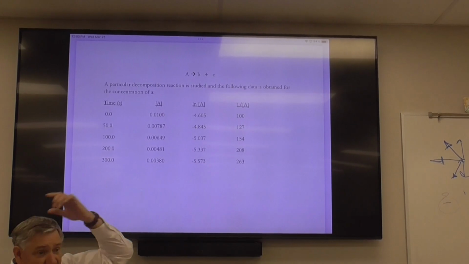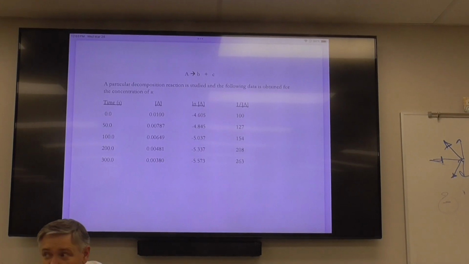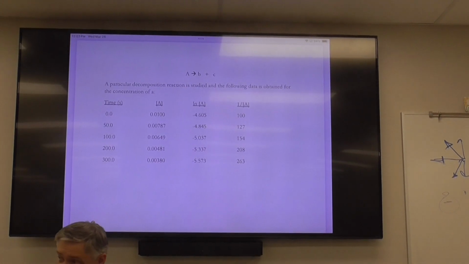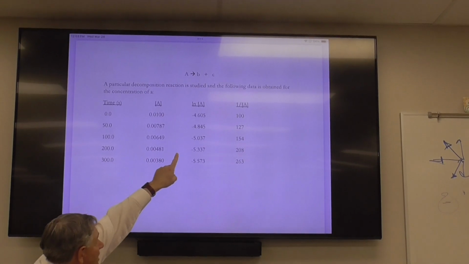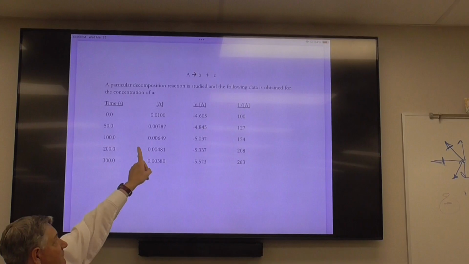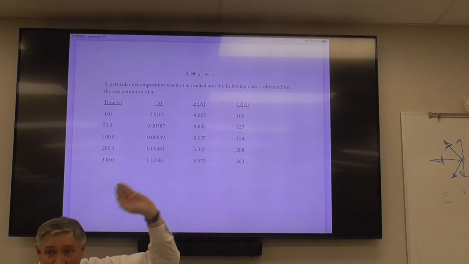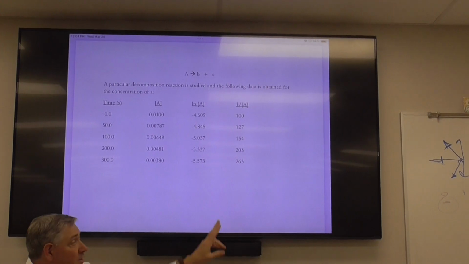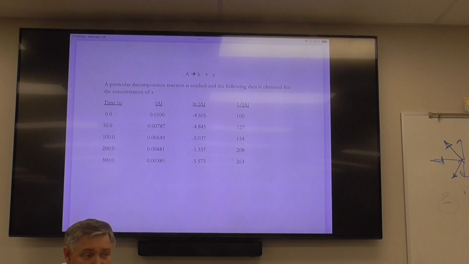So what you would have to do is literally take your calculator, and thank God for calculators, and just punch numbers in. You would punch in the natural log of 0.01, and you would get negative 0.605, negative 0.573. You would actually generate those numbers. When you're generating those numbers, do not round them, okay?